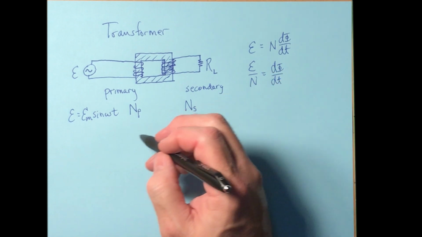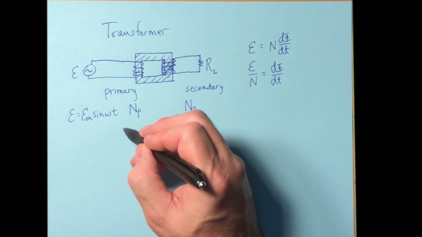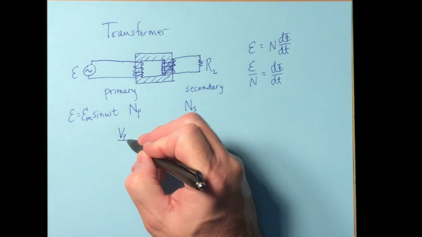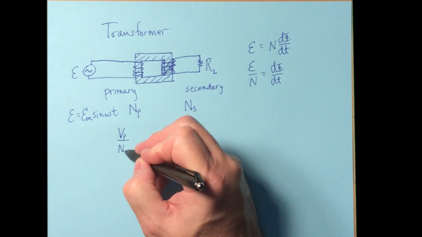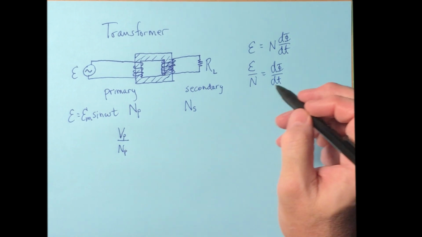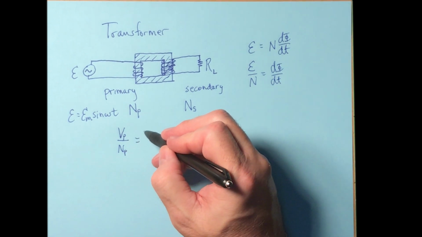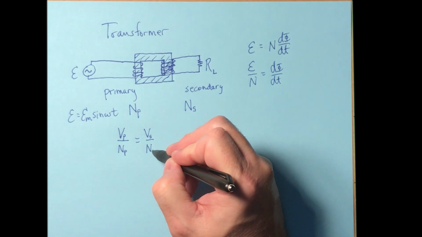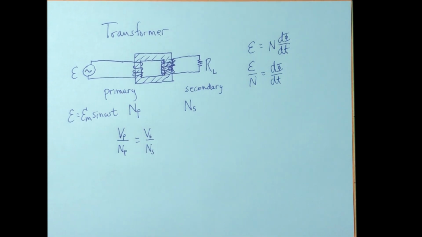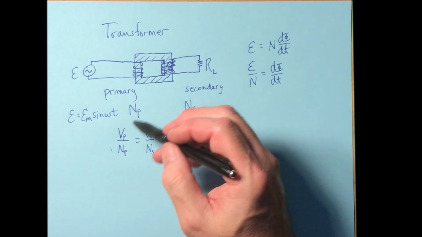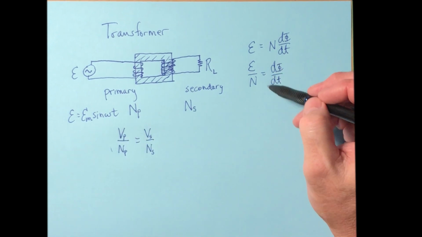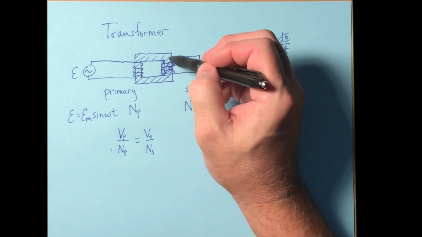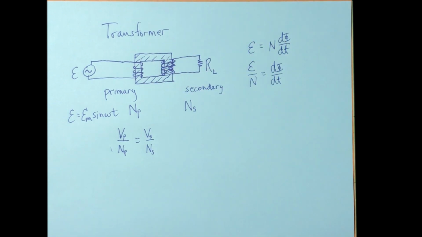In other words, the EMF per turn on the primary side, which we could write as the voltage on the primary side divided by the number of turns on the primary side, has to equal the voltage on the secondary side divided by the number of turns on the secondary side. So that relationship comes about because of the constancy of the rate of change of the flux, because these two coils are connected by the iron core.